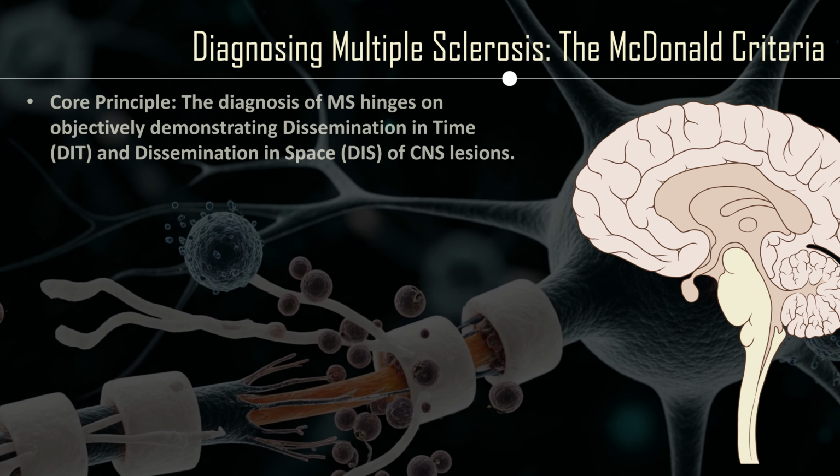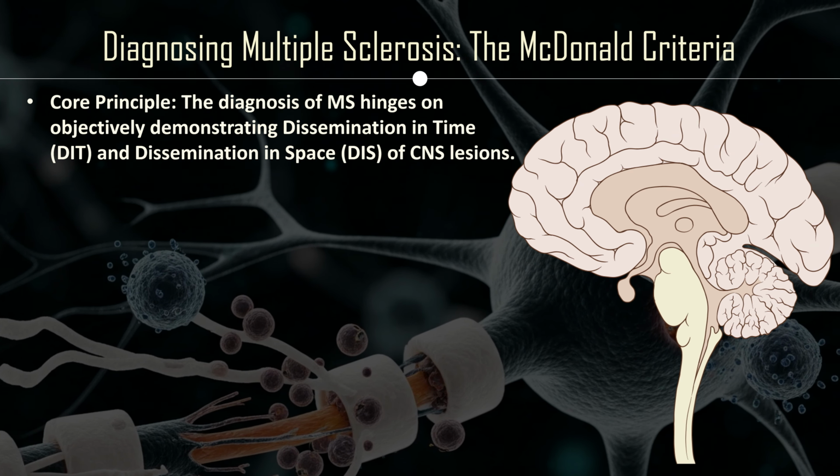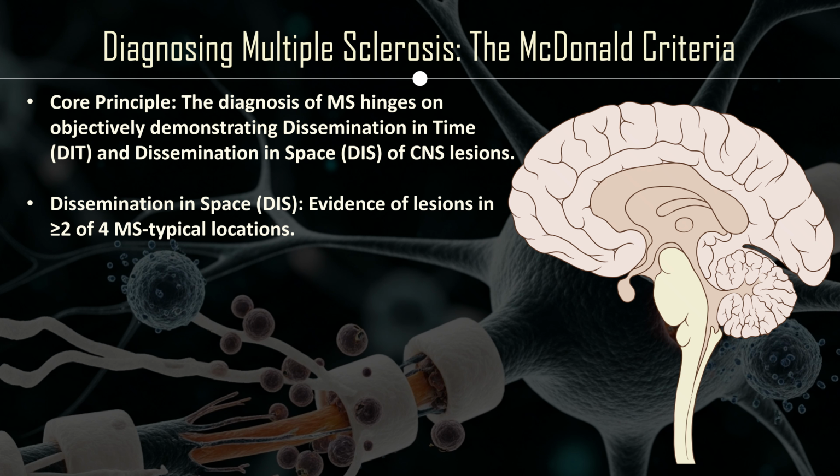The diagnostic framework that unifies much of our current understanding is the McDonald Criteria. Its core principle, as we've already discussed, hinges on objectively demonstrating both dissemination in time, DIT, and dissemination in space, DIS, of CNS lesions. Let's break down the McDonald criteria further, starting with dissemination in space.